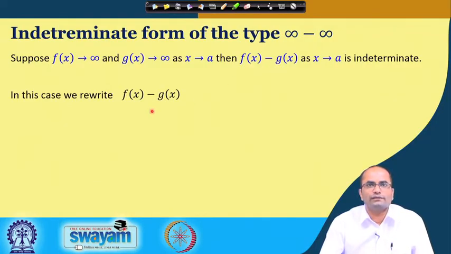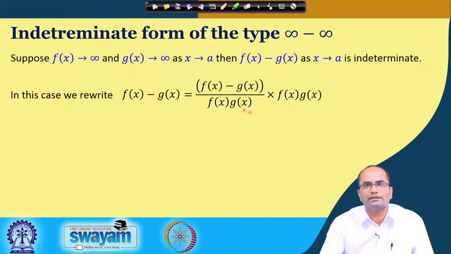We can rewrite this f x minus g x term. If we divide f x minus g x by f x times g x and multiply by f x times g x, then we have 1 over g x minus 1 over f x, multiplied by f x times g x.